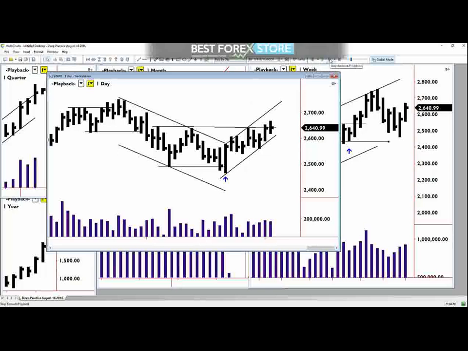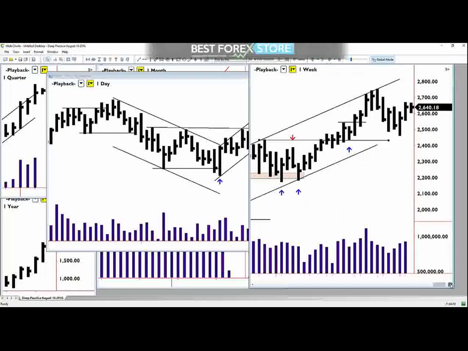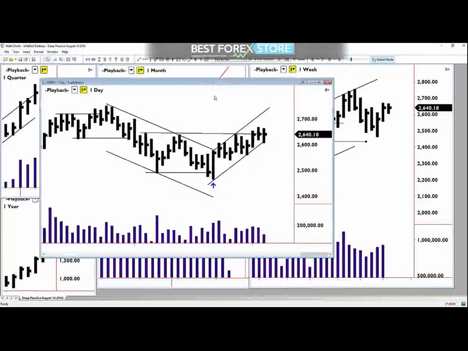And let's see. Sorry, all the charts here. So what does this look like to you here? Now, Ted liked this enough to go short on this bar.